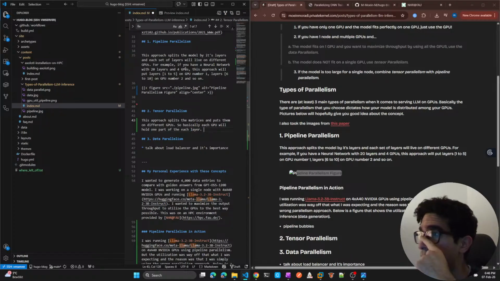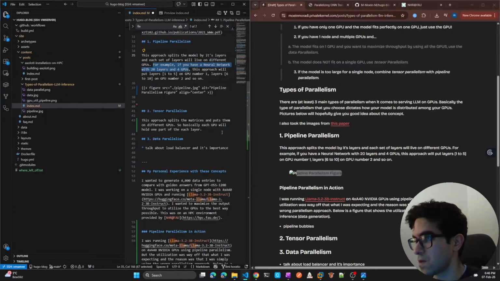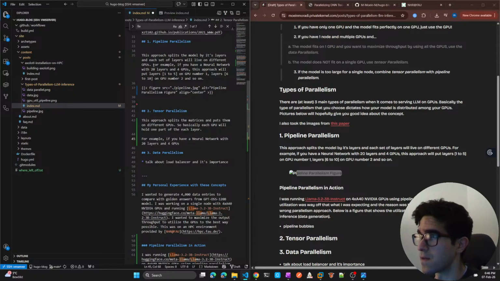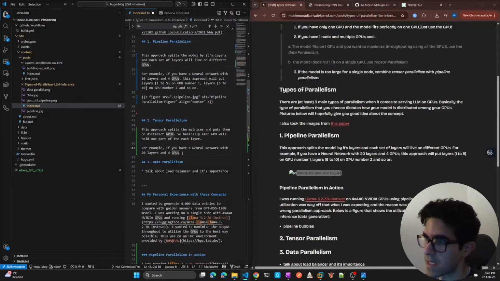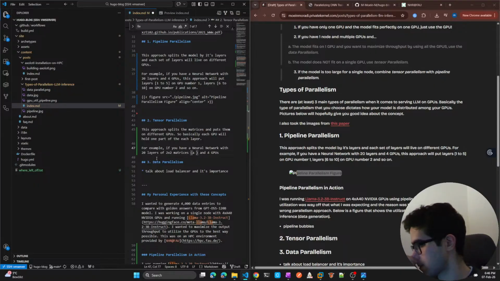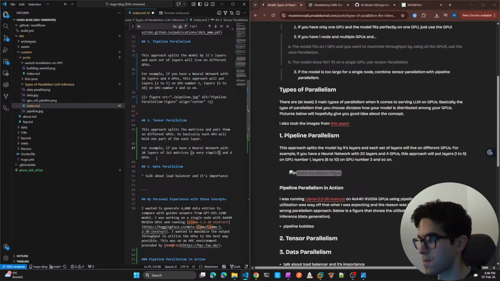So for example, if you have a neural network with 20 layers and 4 GPUs, very simplified.